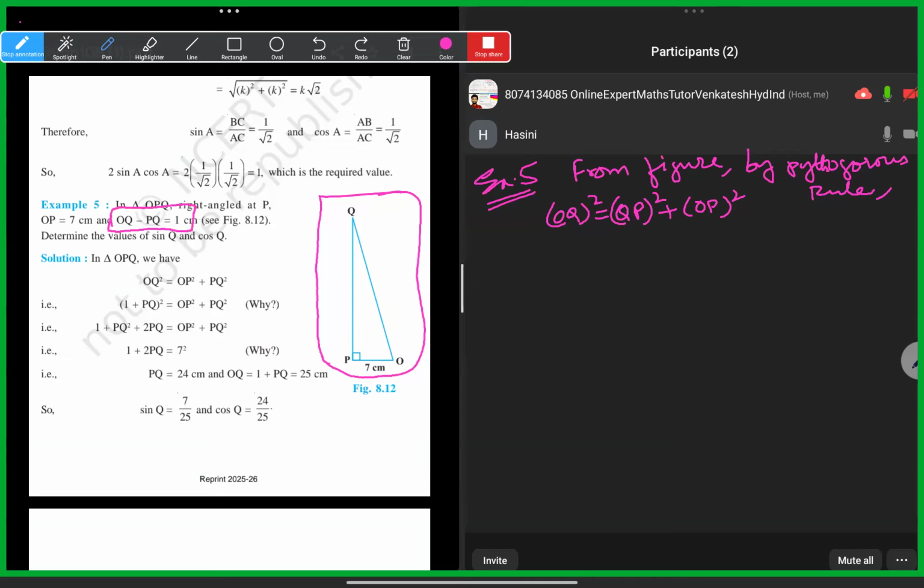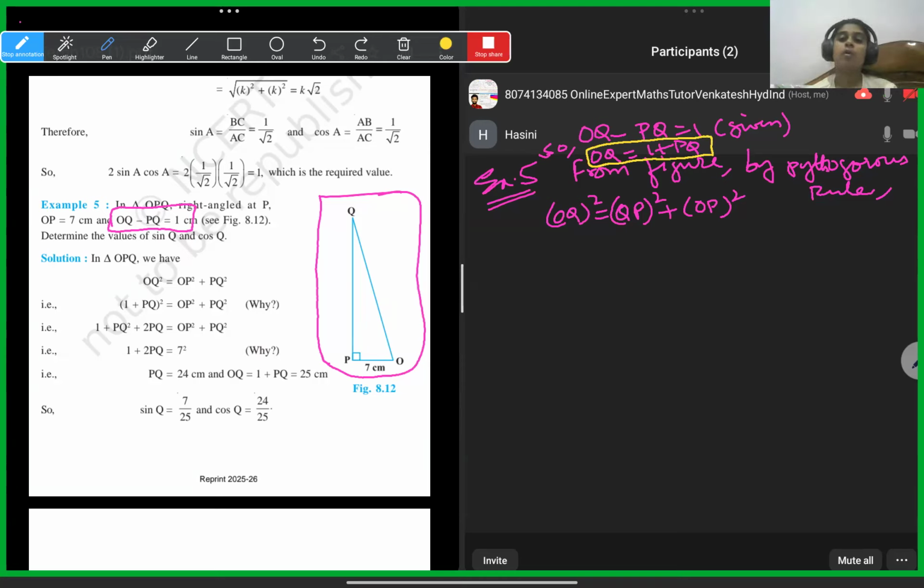From there I can write OQ minus PQ is given as 1, which implies, actually here I should write this in the next step, which means I can write OQ is equal to 1 plus PQ. I just took PQ to the right side.